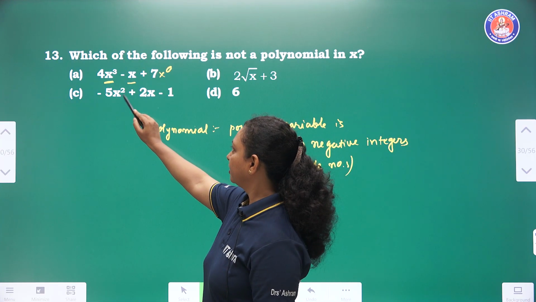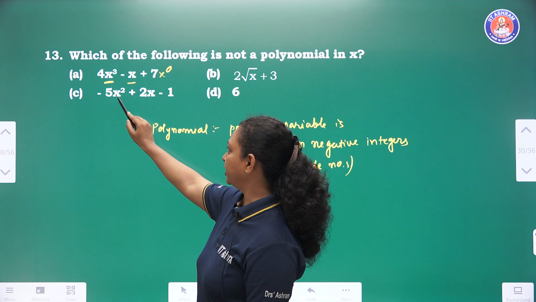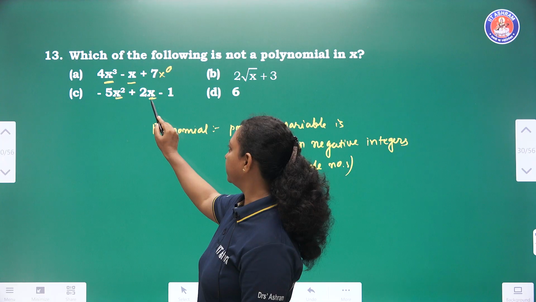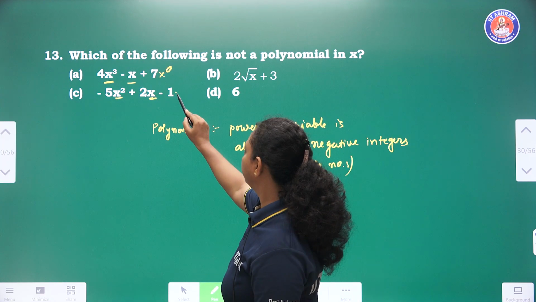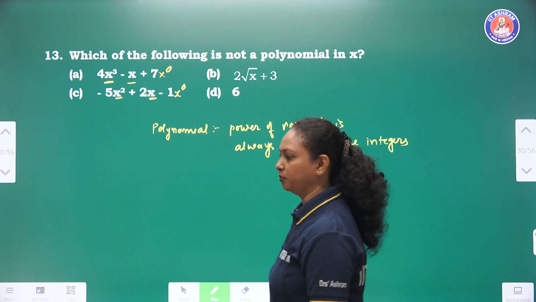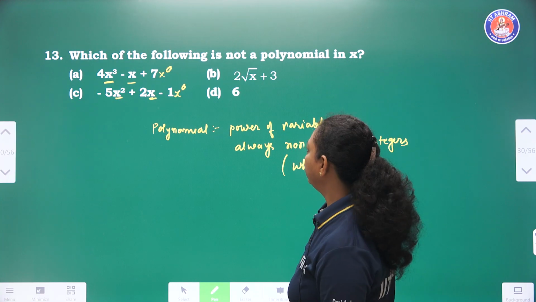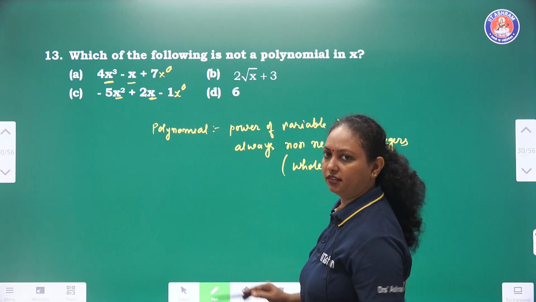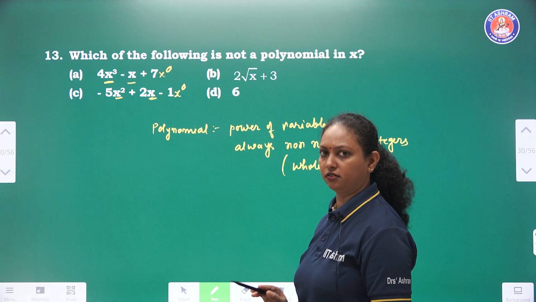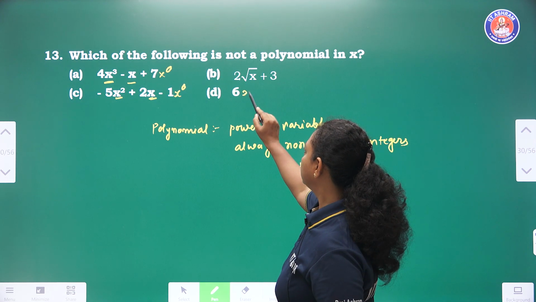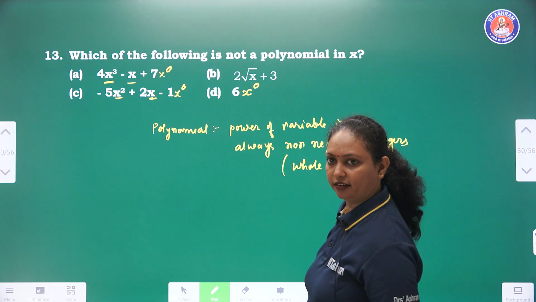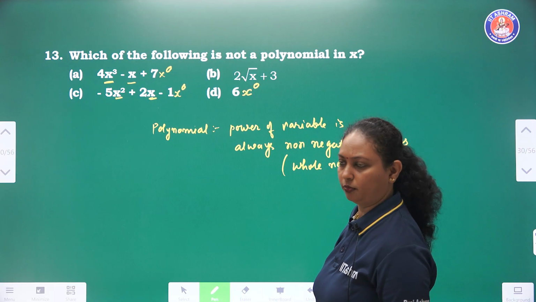What is given? x square. So the degree of this x is 2. The degree of this x, meaning the power of this x, is 1, and the power of this term is what? 0 because it is a constant term, right? So here also all three have powers that are non-negative integers. Here 6 number is there. So 6x to the power 0, I can write any variable with the 0 power.